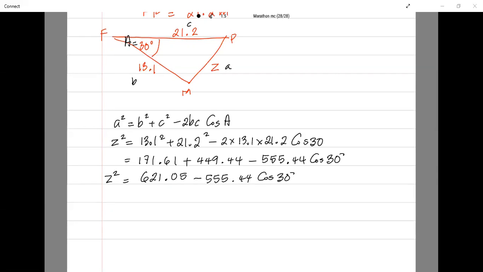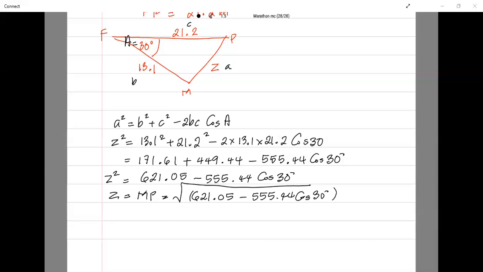The opposite of square is square root. So z, which is the length of MP, would be the square root of 621.05 minus 555.44 cosine of 30 degrees. And of course, you must put this in brackets.